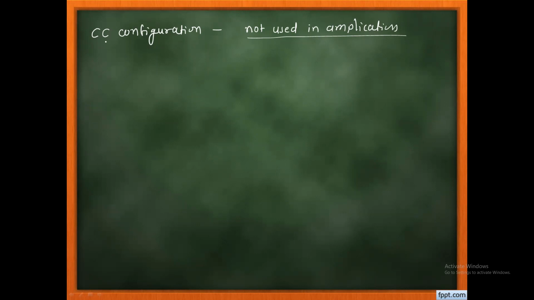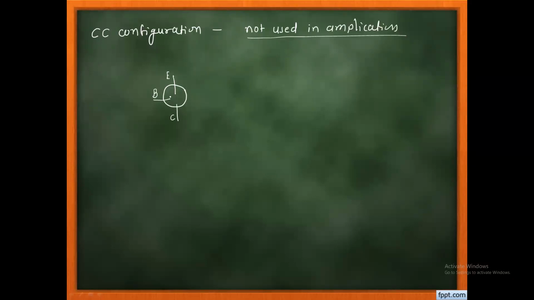Now, the name itself gives it: the common collector configuration. It means that the collector terminal is common. Let me draw the symbol, the circle. Now I have to make the collector terminal common. So this is the base terminal and this is the emitter terminal.